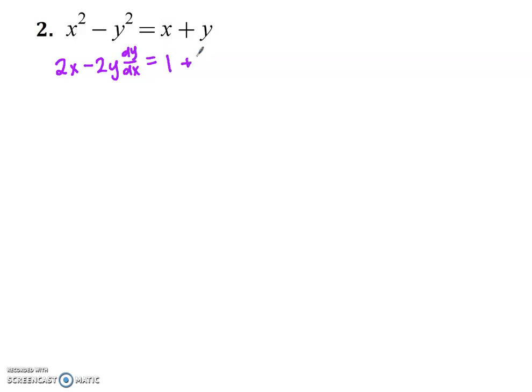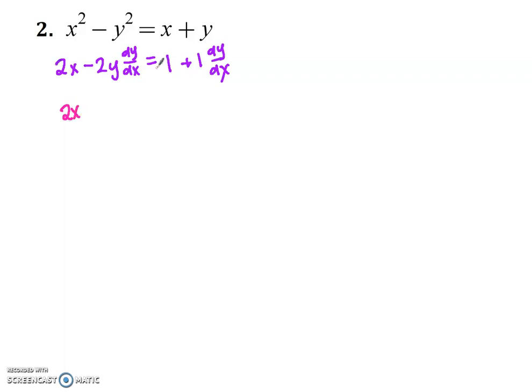The derivative of y is also just 1. But then we need to tack on a dy/dx. Okay. Now, since we have multiple dy/dx's, we need to move everything with a dy/dx to one side. I'm going to move it all to the right to keep the dy/dx's positive, but if you move it all to the left, that's fine.